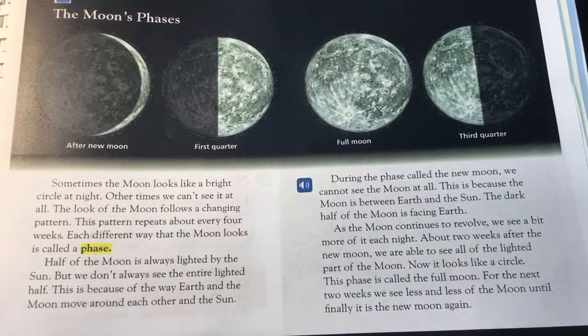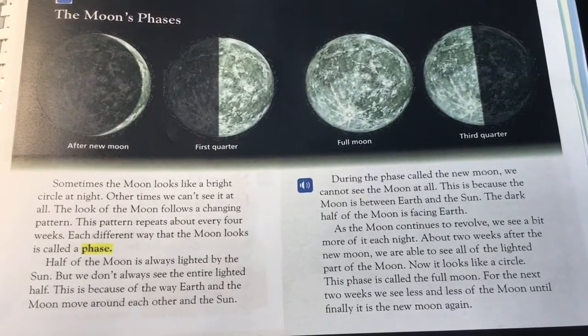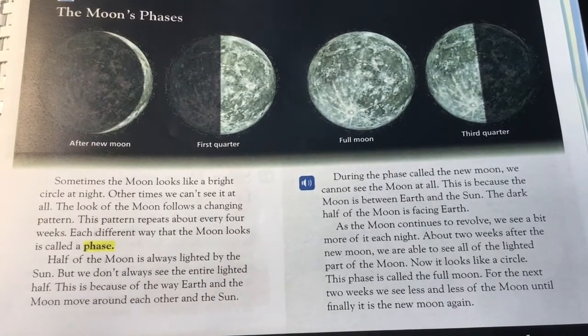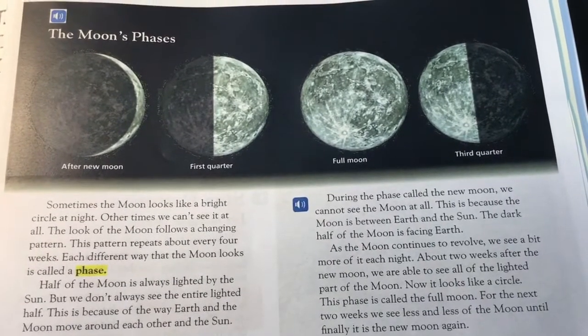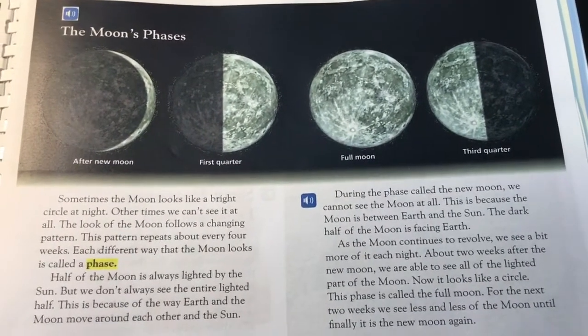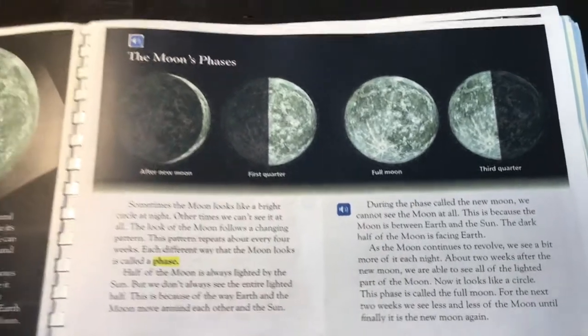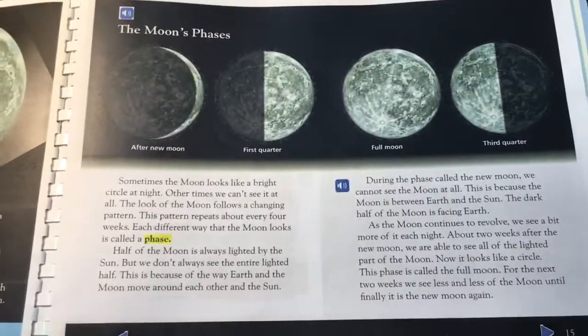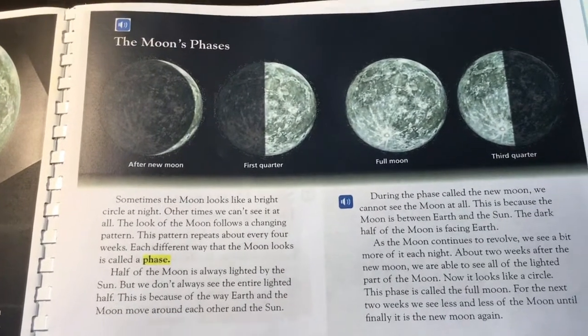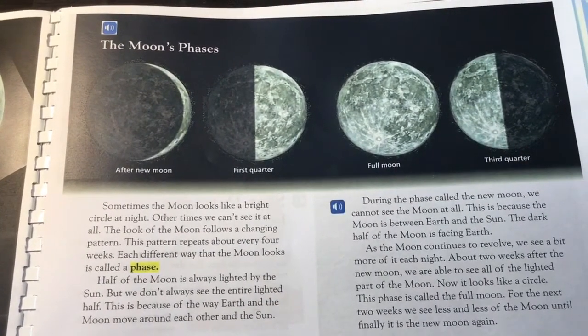During the phase called a new moon, we cannot see the moon at all. This is because the moon is between Earth and the sun. The dark half of the moon is facing Earth. As the moon continues to revolve, we see a bit more of it each night.